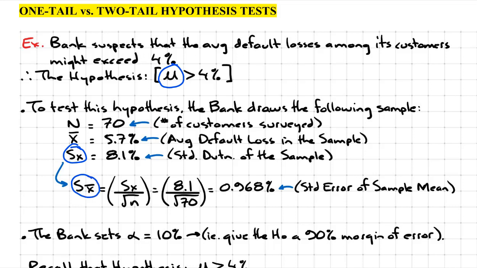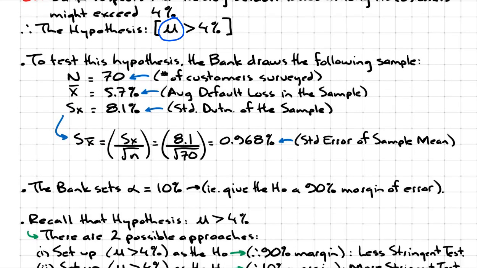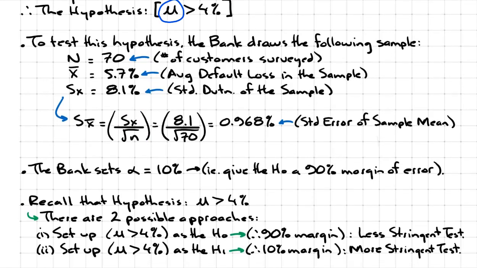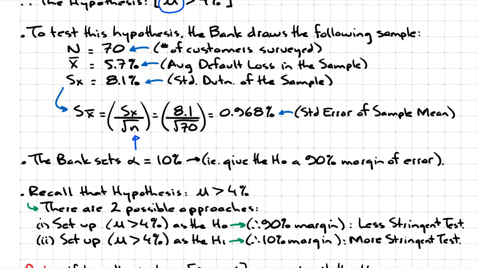I want to know what the dispersion or the error is associated with our estimate for the mean. And how do you find standard error? You simply take standard deviation and divide it by the square root of n. Why do we divide it by the square root of n? Well, you can see as the sample size gets larger, the error or the dispersion associated with the mean decreases.